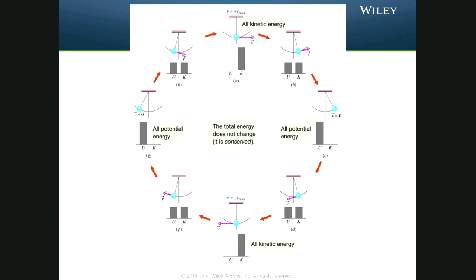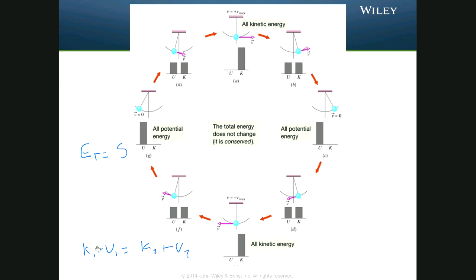So let's look at K1 plus U1 equals K2 plus U2. If we know the total energy, say E total equals 5 again, when I'm here, I know that both of these sums have to get me to 5.